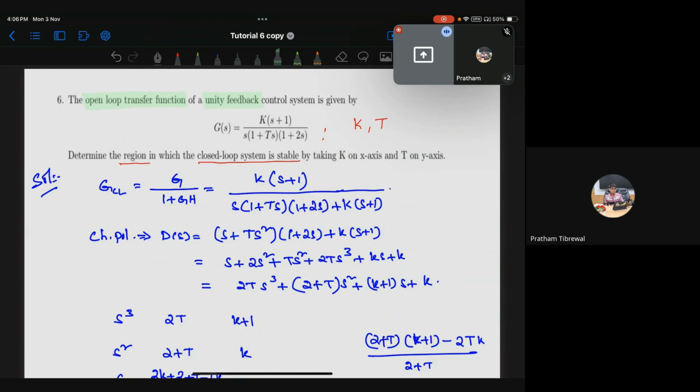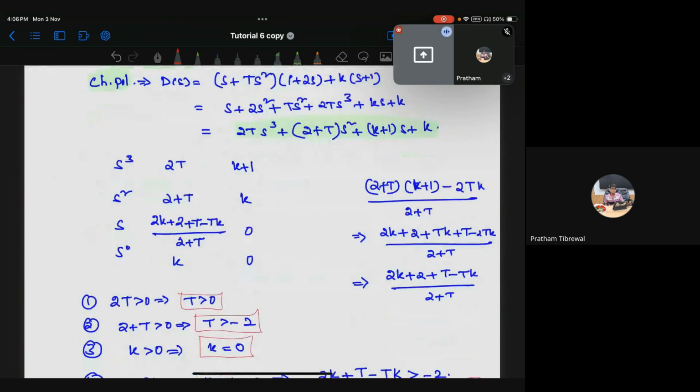So again we find the closed loop transfer function and characteristic polynomial. This is the expression. Again do the same thing. So now you are getting three conditions.